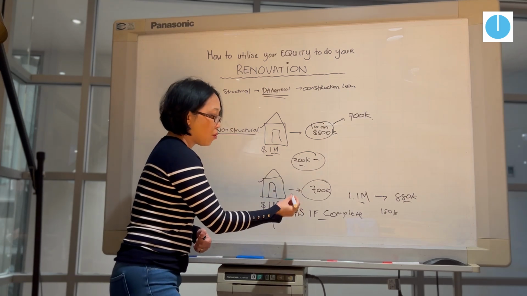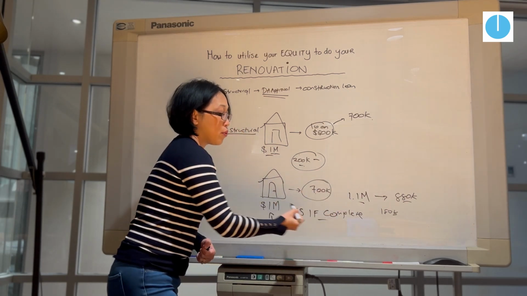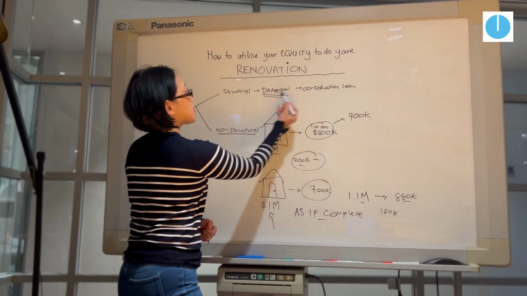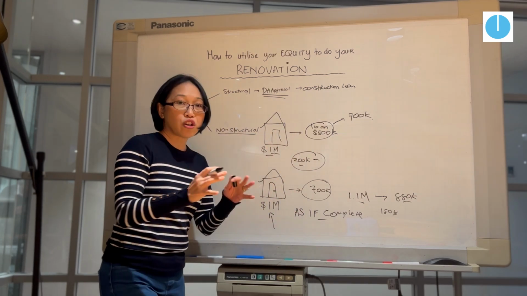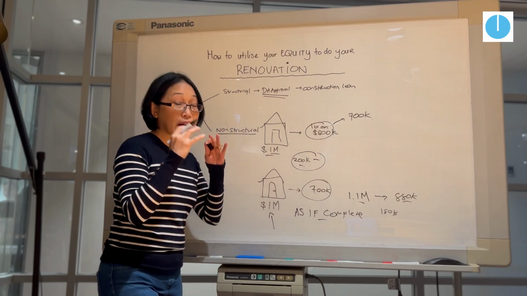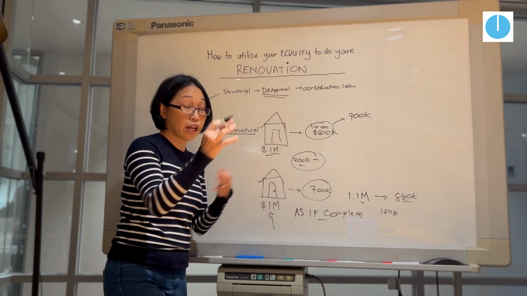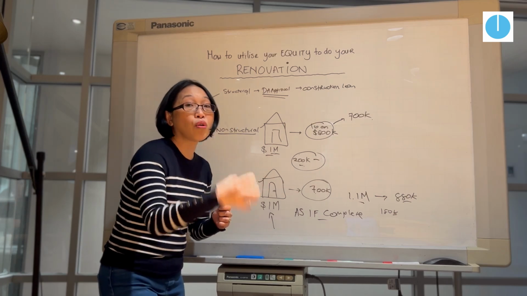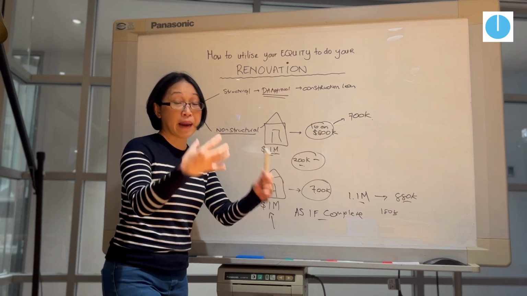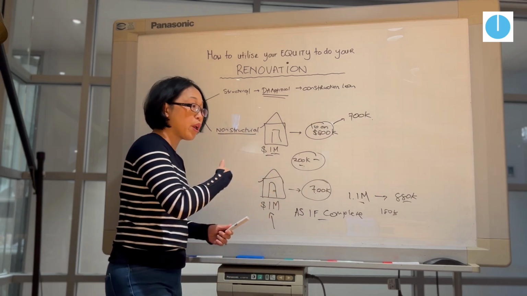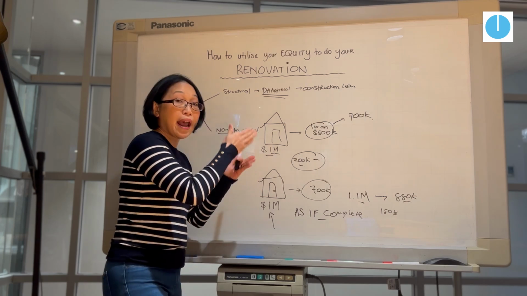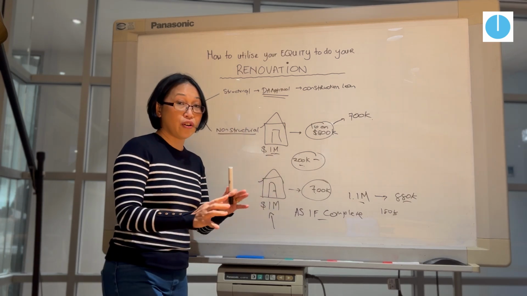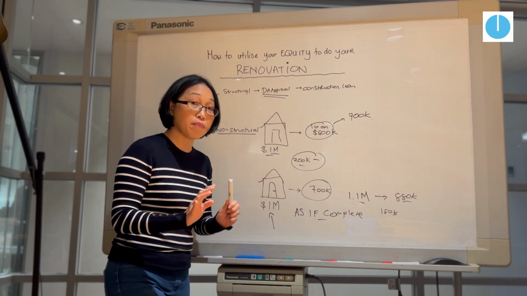When we ask the bank to do the construction loan, which is a similar process, you need to make sure that you have the right paperwork. We will tell you what paperwork you need, and the bank will control the release of the progress payment. You don't have to worry because we will help you claim the progress payments until it's finished, so you don't feel like you have to do it all by yourself.